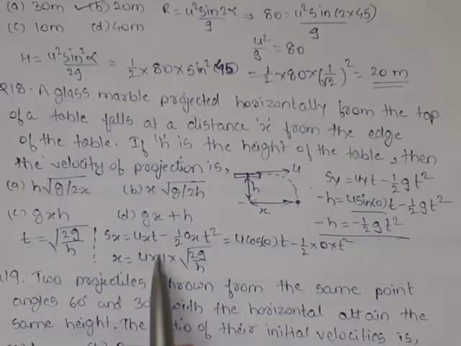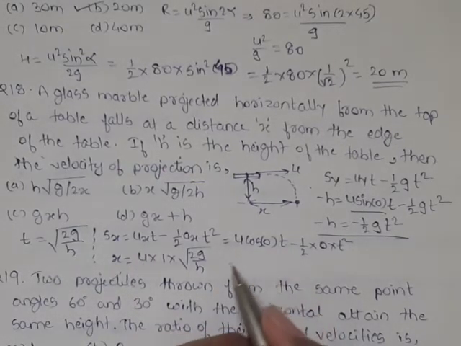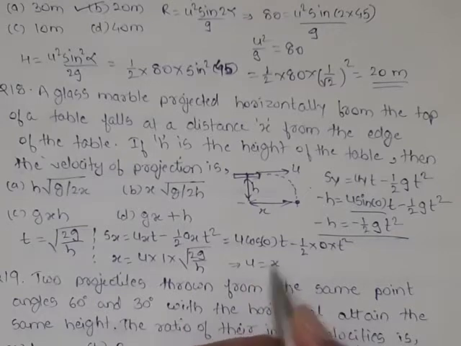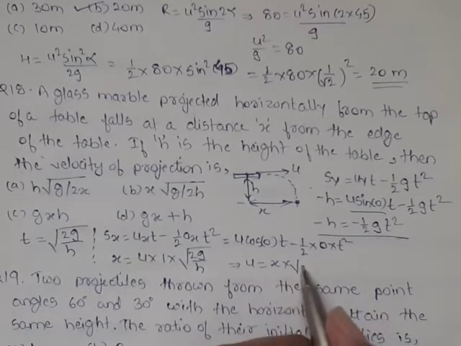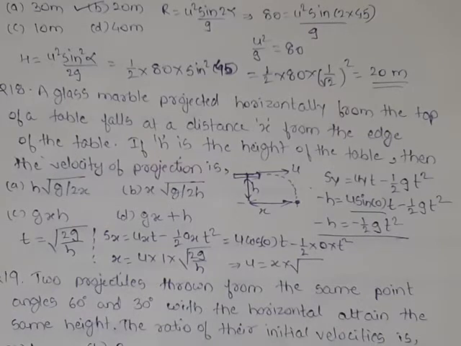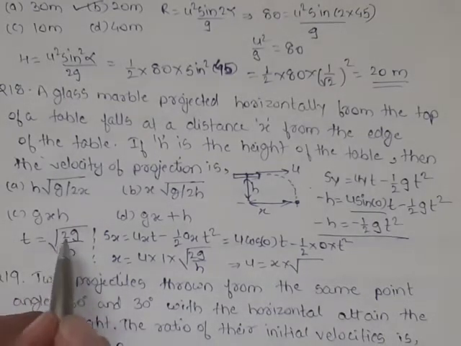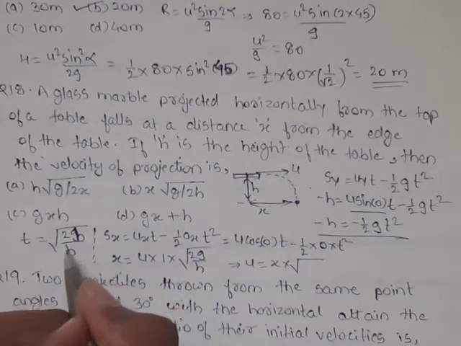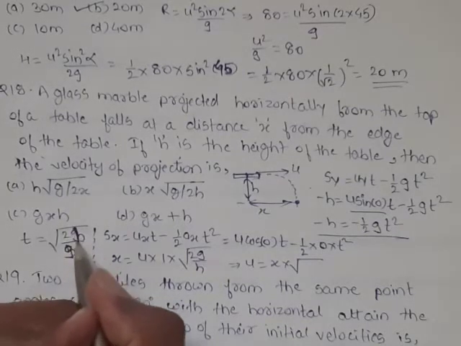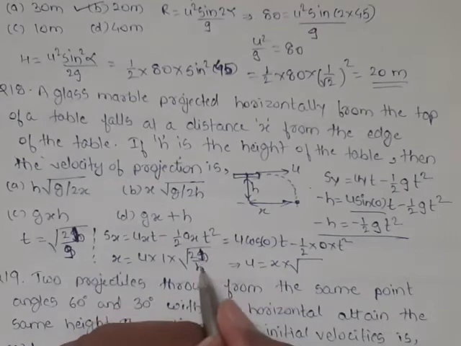We want finally the value of u, so we'll rearrange. Here the value of t is nothing but 2h upon g, not 2g upon h, 2h upon g. So I will correct it.